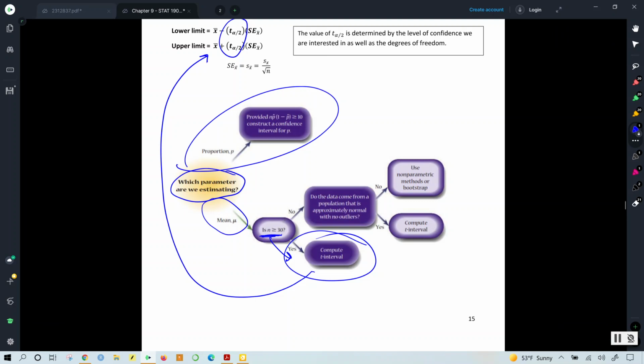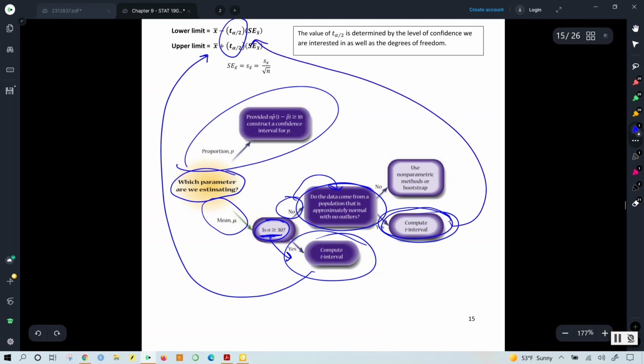Otherwise, if your sample size is not greater than 30, that is, it's a small sample, then for you to be able to compute the T interval, you must require that the data come from a population that is approximately normal. If that condition is met, you are still good to use the T interval formula.